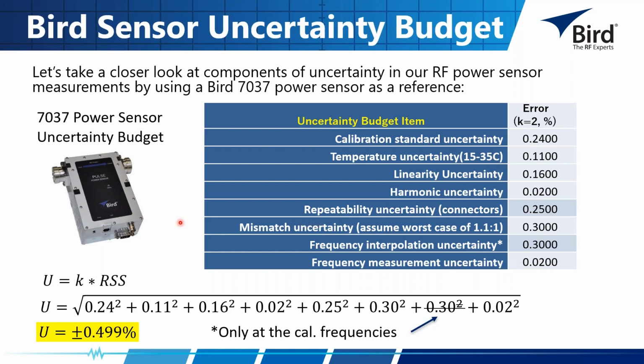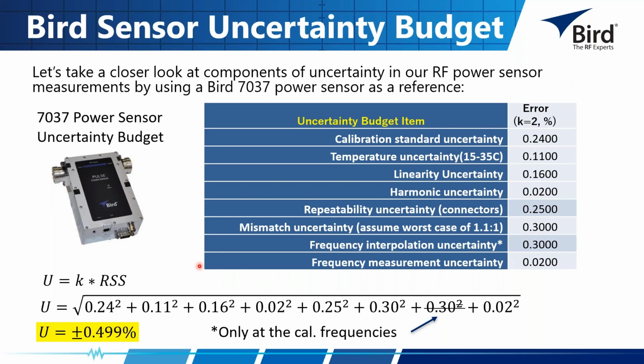Mismatch is due to the small imperfections that come with any coaxial structure. You're not always going to get exactly 50 ohms, so you'll have small reflections that even come off of the sensor.